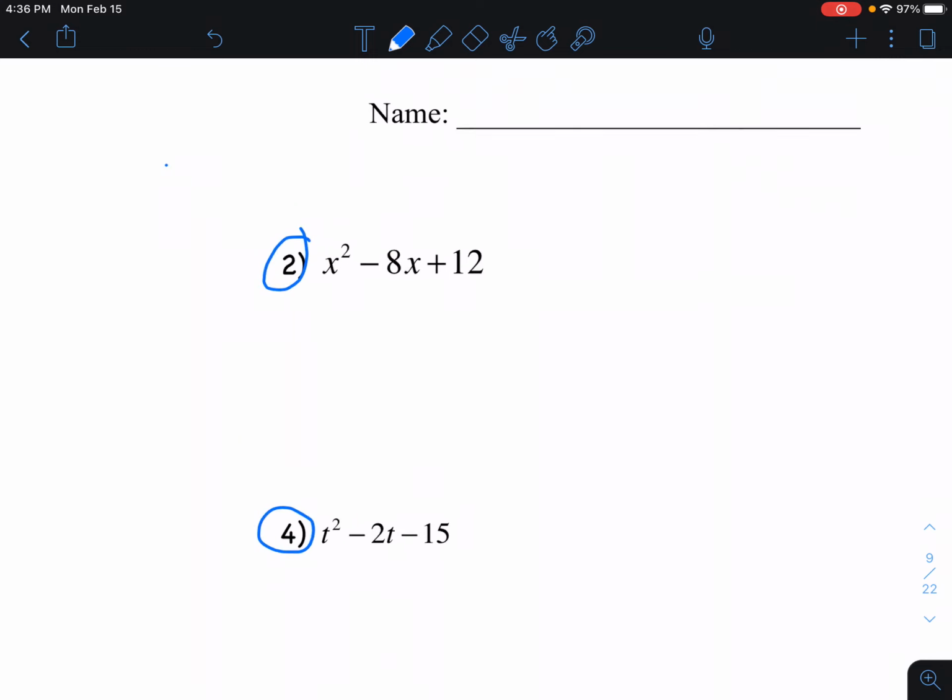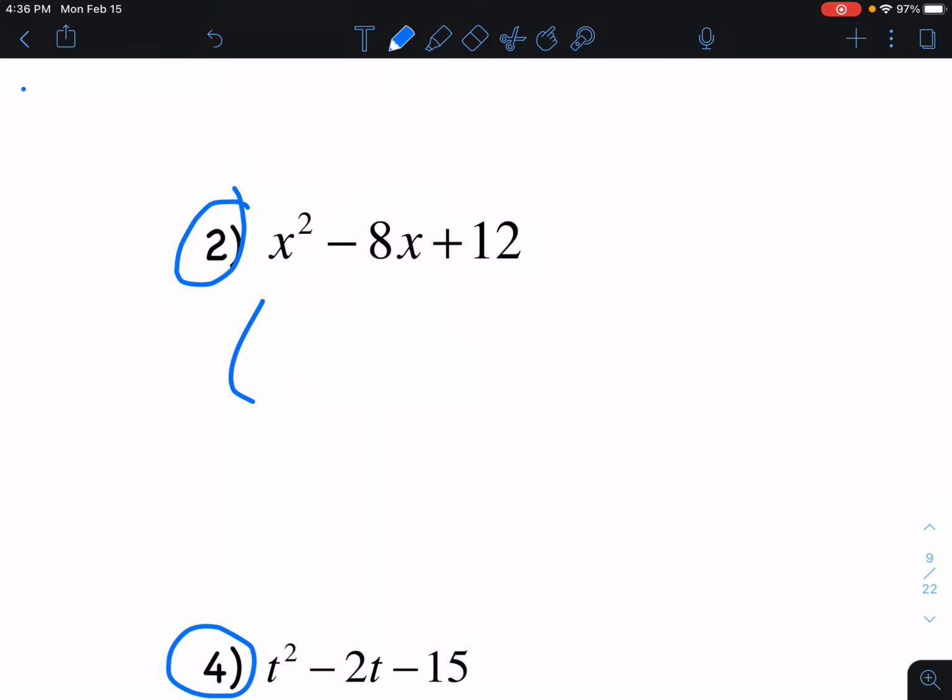All right, so number 2. So I go, okay, x squared breaks up into x and x. And by the way, in my head, I did a simple check for common factors. I did it super fast. There are no common factors here. Now, my sign rules, again, we can look at the C term first. When the C term is a plus, that means they're both the same.